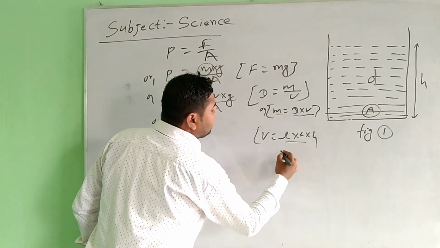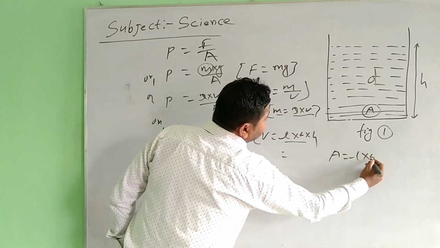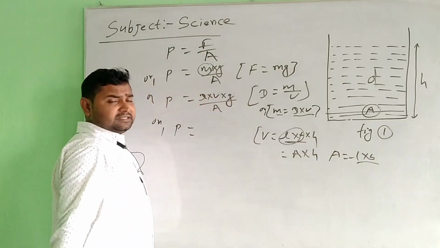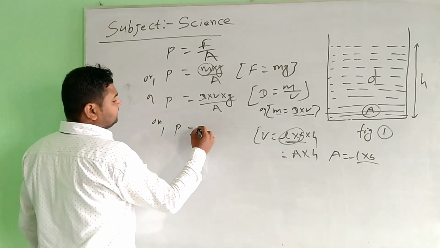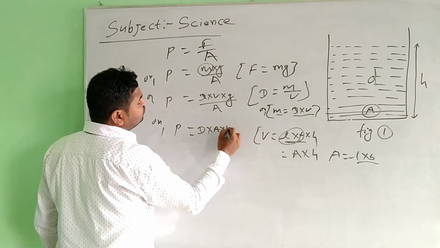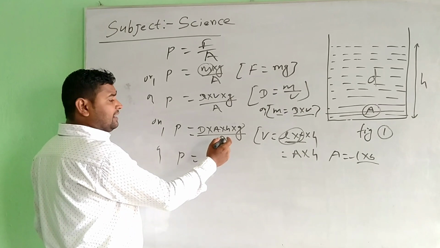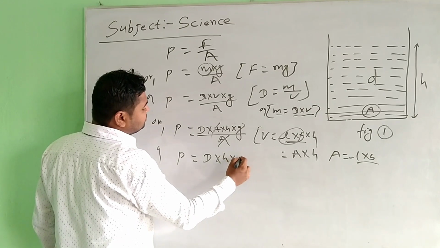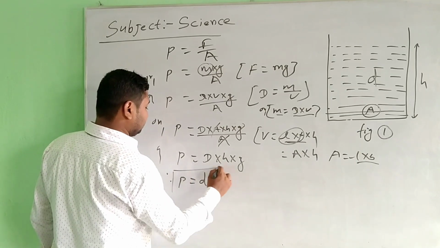L into B means area, so area is equal to L into B. Instead of V, we can write A into H. So now P is equal to D into A into H into g by A. Now we see that A is canceled. Now D into H into g. It means P is equal to dgh. It has been proved.